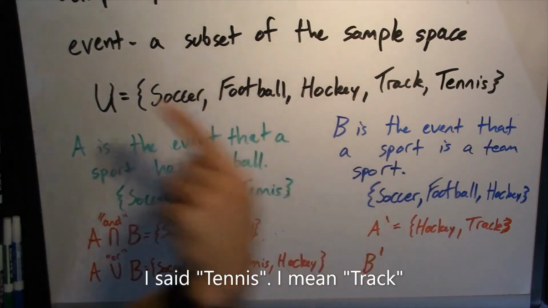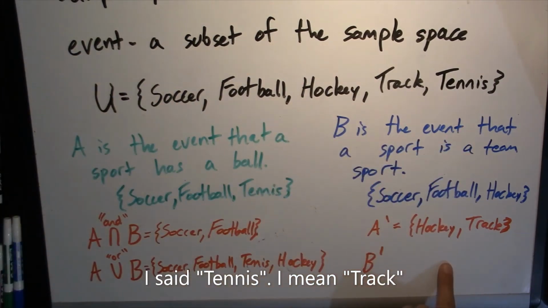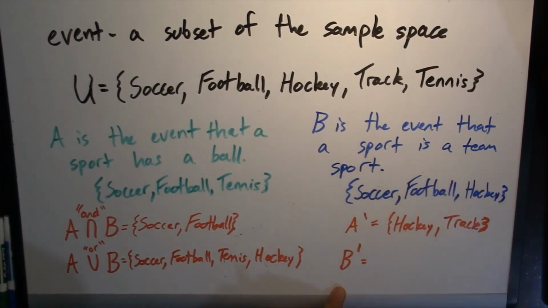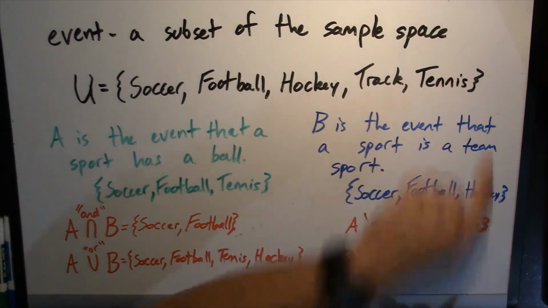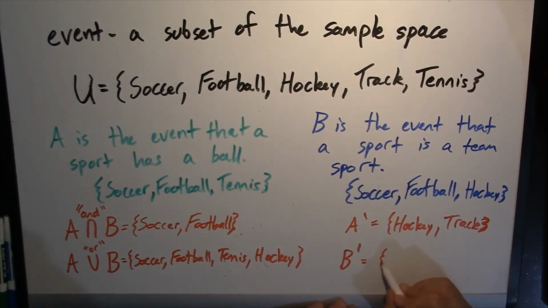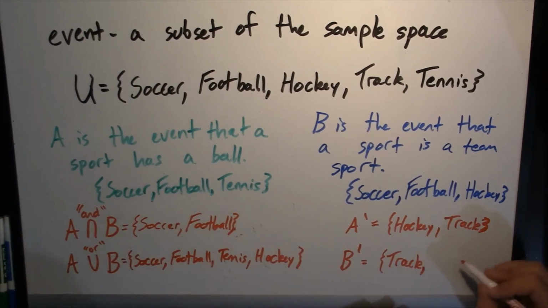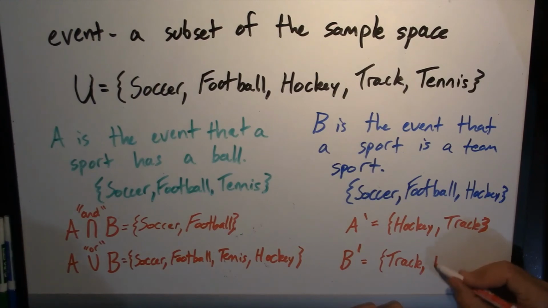That's in the sample space, so it shows up in the complement. And then for B prime, well, we have soccer, football, and hockey. So track and tennis did not show up, so that will be in the complement. Remember, complement means what's not in the set. Track and tennis.